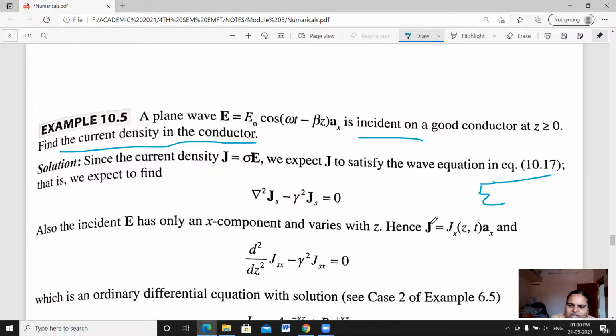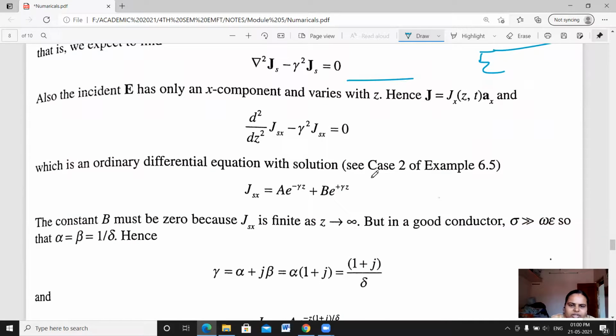Hence, J is going to be Jx of z, gamma t into ax, and the equation is going to change as d square divided by dz square Jsx minus gamma square Jsx is going to be equal to 0. Then the alternate differential equation solution is going to be Jsx equals A e raised to minus gamma z plus B e raised to plus gamma z.